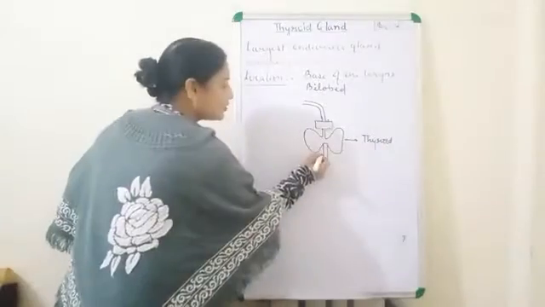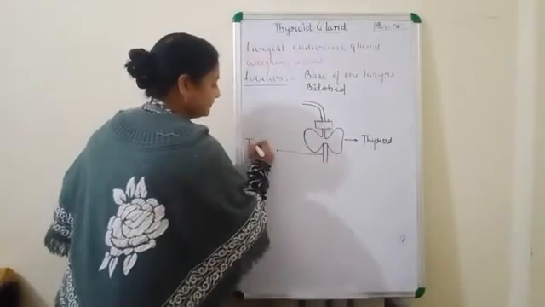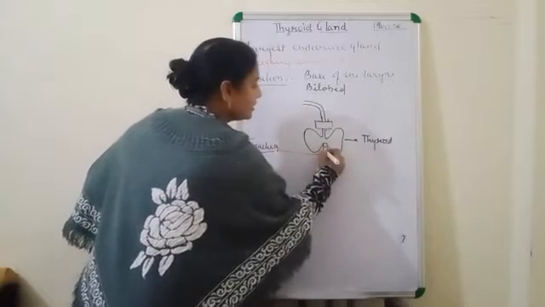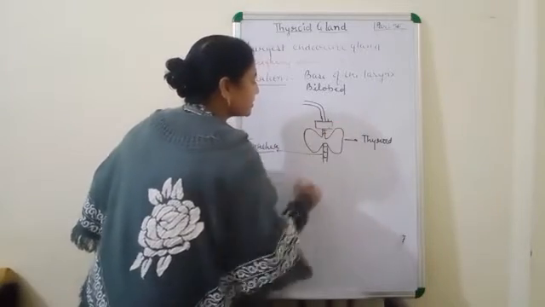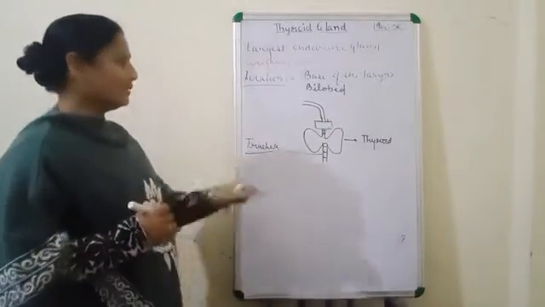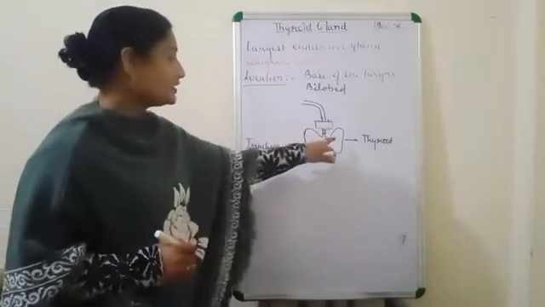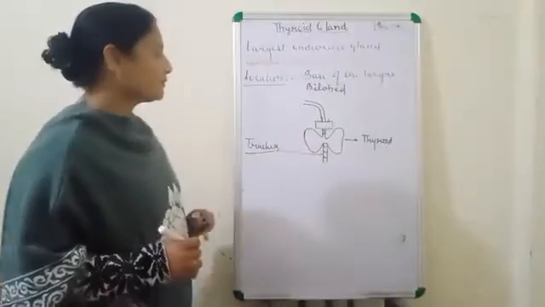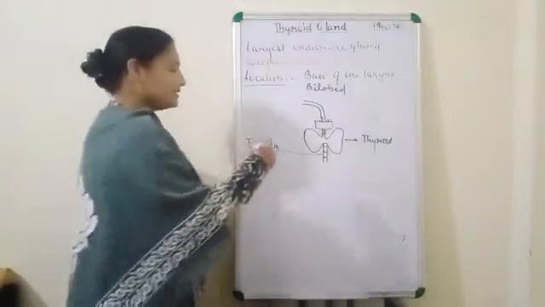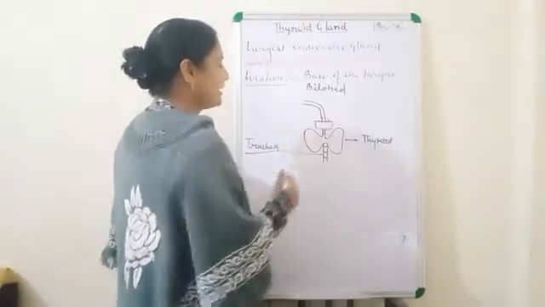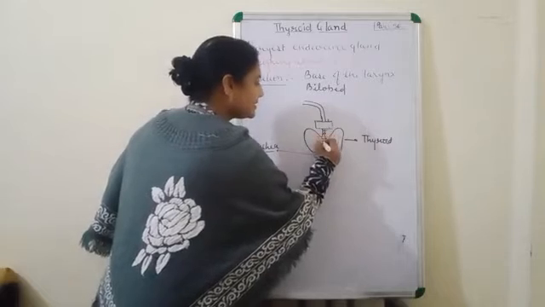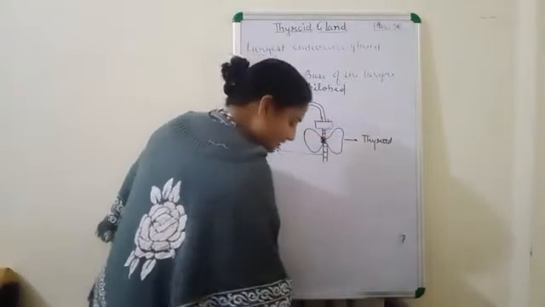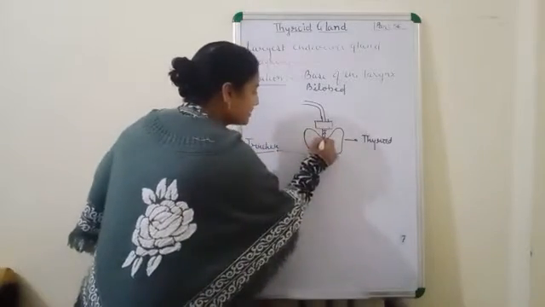And this is your trachea, made from C-shaped cartilages. In the same way, the thyroid is located on both sides of this trachea. And the two lobes of the thyroid are connected with the help of tissue, and this is called the isthmus.